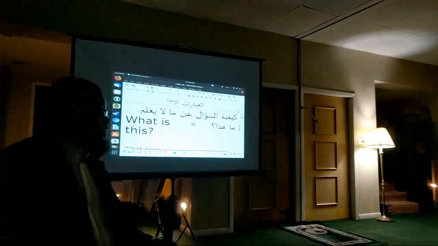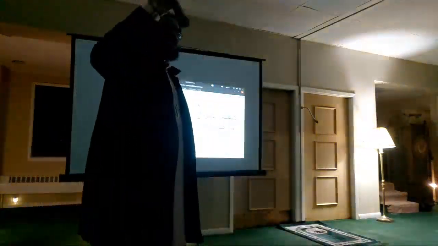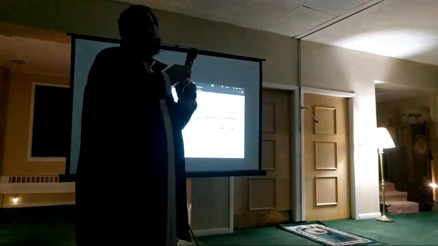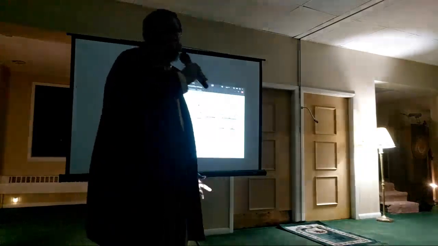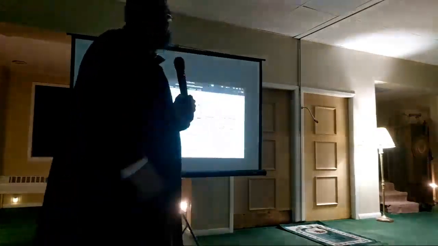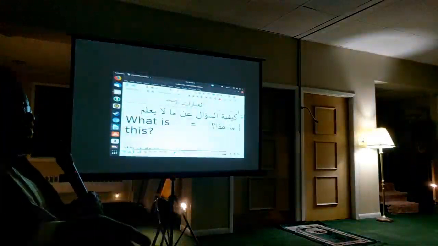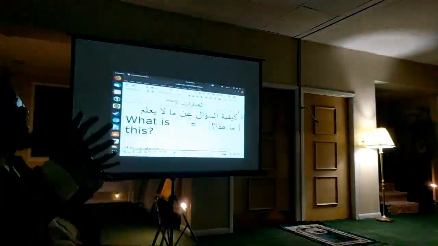So you're asking now, for example, ma hada. Of course, in Arabic, it's microphone. But speaker actually does have a word in Arabic, though. What is it? Mukabbir as-sawt. Yes, from the word takbir. Something that makes sound bigger.